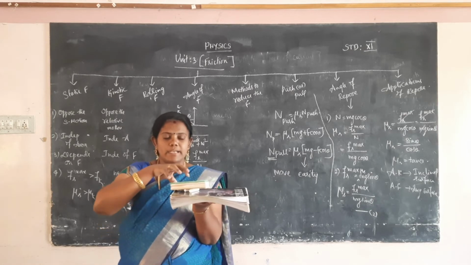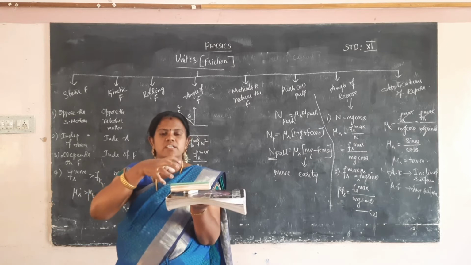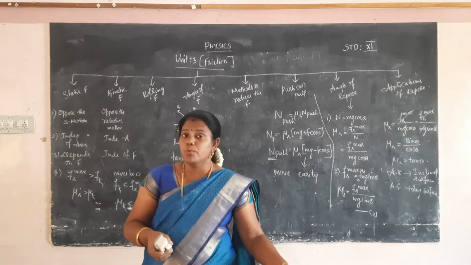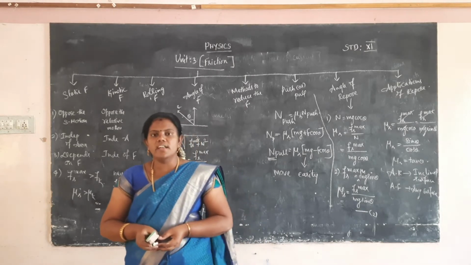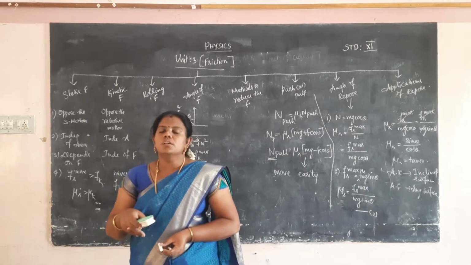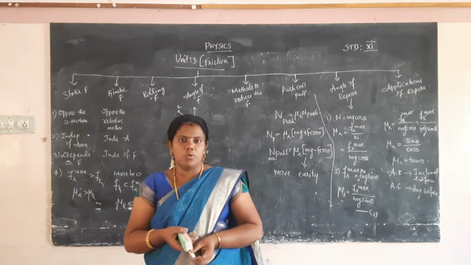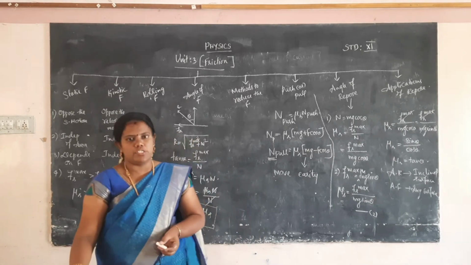The roller reduces the friction between the duster and the book, so the duster moves easily on the book. So a roller is used to increase the motion of an object. It is called rolling friction.